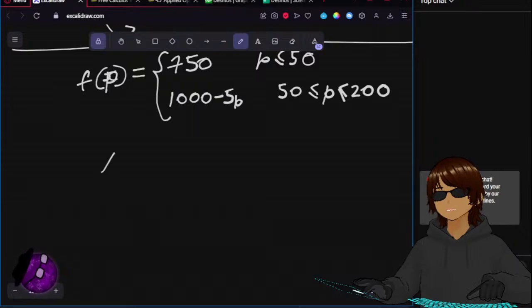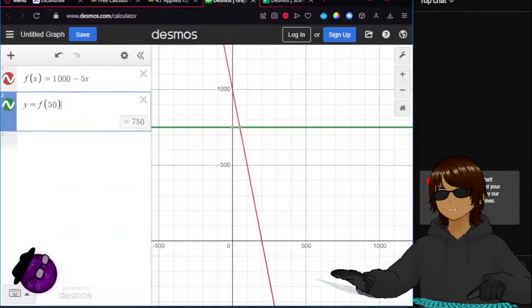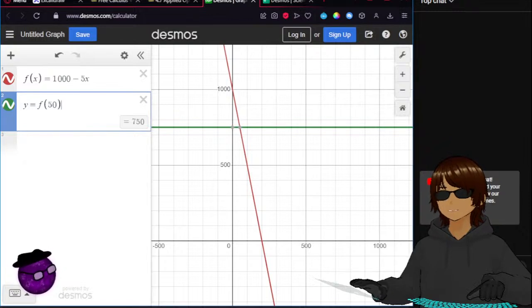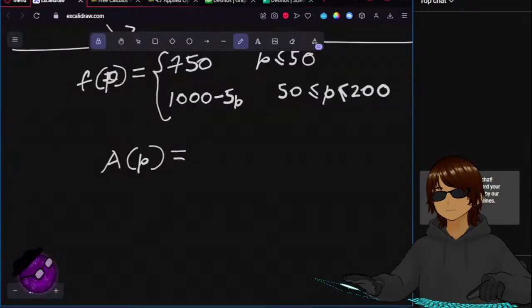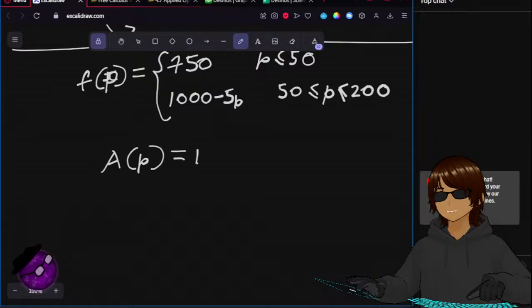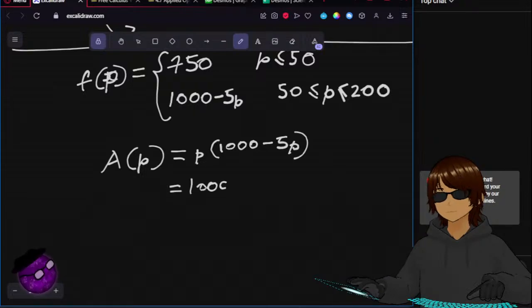So the area of the graph is p, the price, times, let's do this, p times 1000, so x times y is p squared.